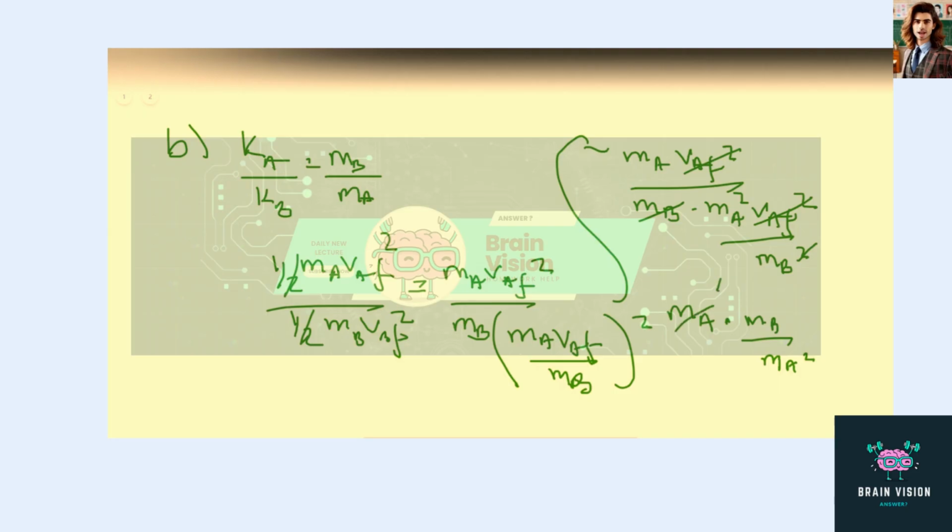The A will cancel one of these, and that shows that eventually your final answer will be MB over MA, and that's what you wanted to prove. You wanted to prove that the ratio of the kinetic energies of A and B is the masses of A and B, but flipped.